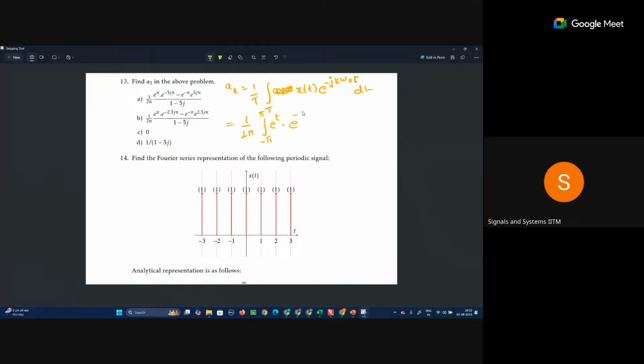So it will be e power minus j, since k is 5 over here, we'll be taking 5 omega naught t dt. So it is 1 by 2 pi integral minus pi to pi of e power, taking t common, we'll be getting 1 minus 5j omega naught into dt. Ma'am, you can put omega naught equal to 1. Yeah, so omega will be 1.